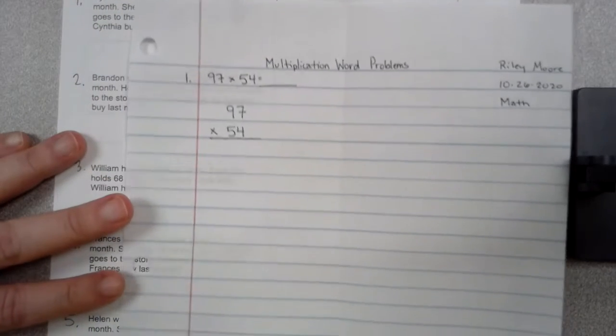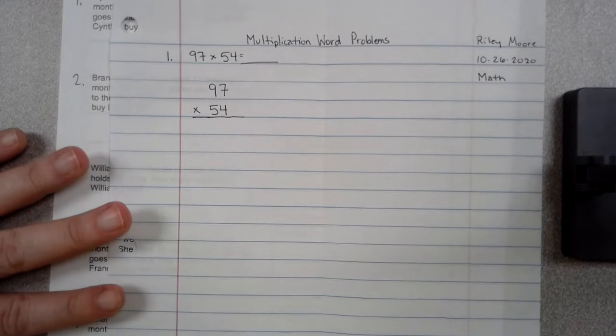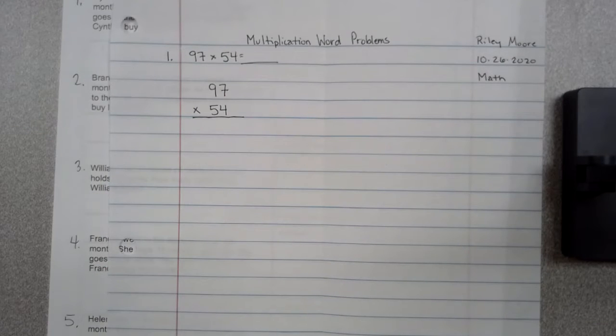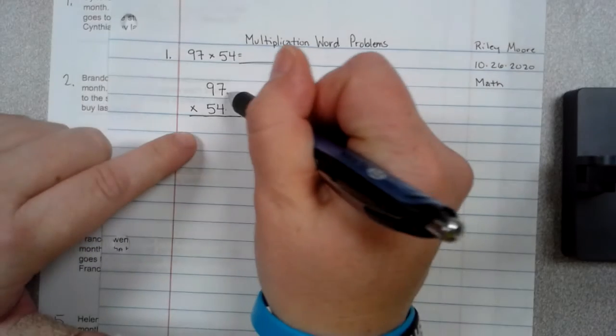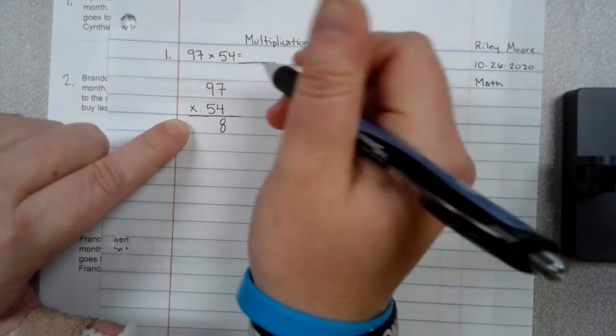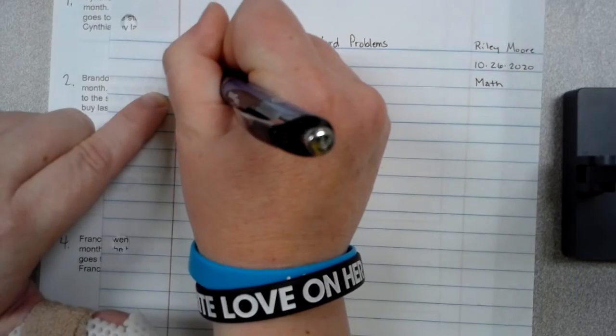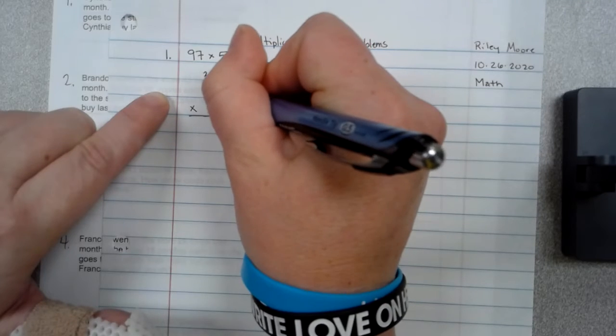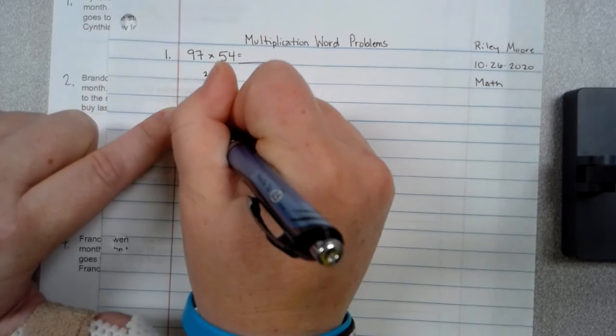Make sure your numbers are straight, make sure they're lined up, and make sure your numbers are written neatly. So, you're just going to work the problem. 4 times 7 is 28. So put a 2. Drop our 8, carry our 2. 4 times 9 is 36. 36 plus 2 is 38.